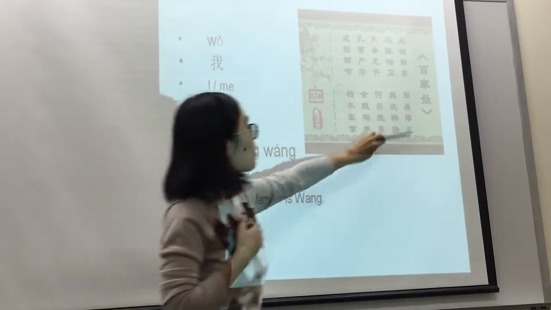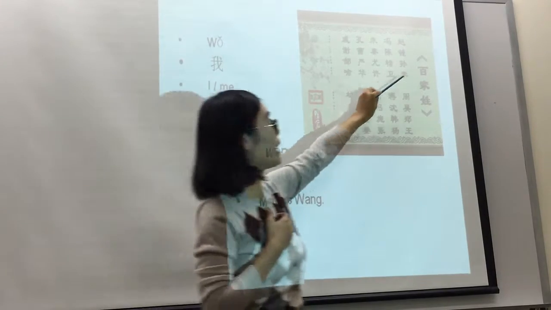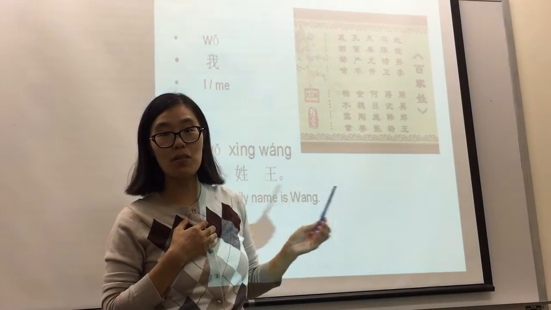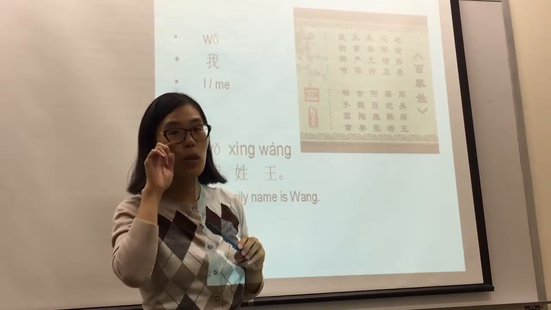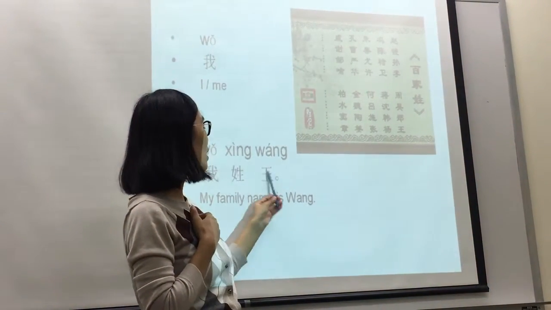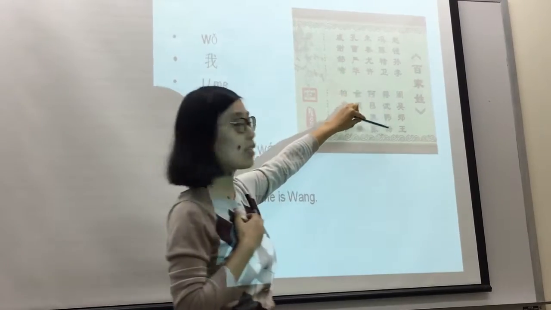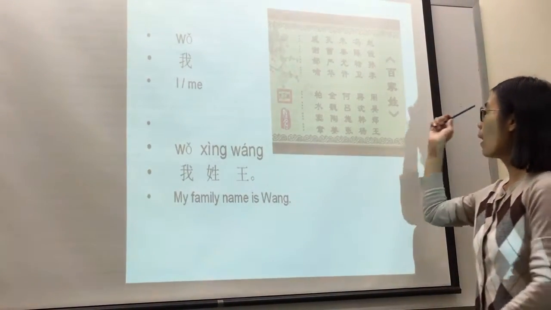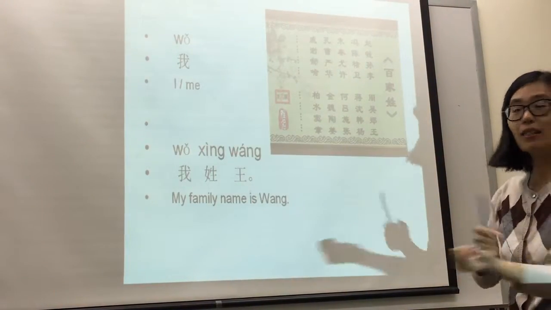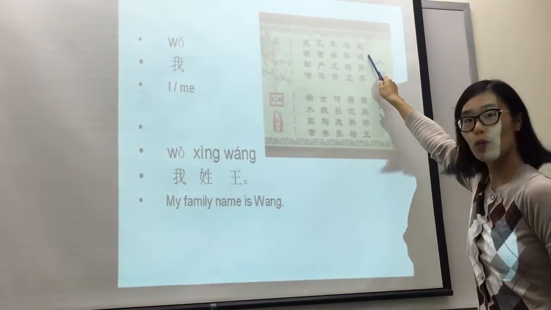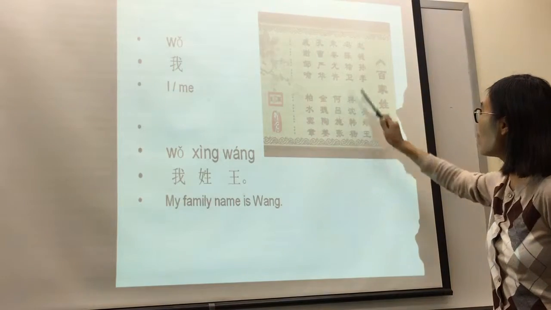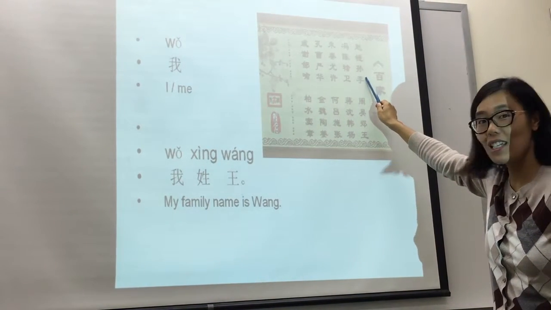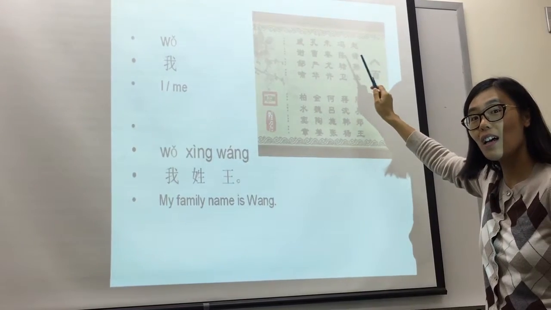Here we can look at this picture. 百家姓. This means 100 common used family names in China. So we can practice this dialogue, this sentence with these common used Chinese family names here. 请问你贵姓? 我姓赵. 请问你贵姓? 我姓钱. 请问你贵姓? 我姓孙.